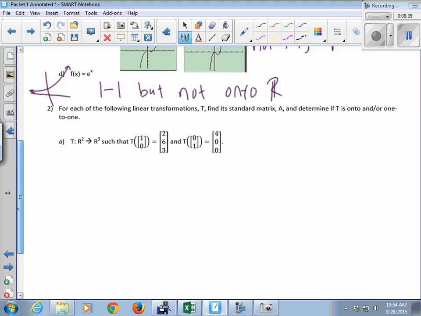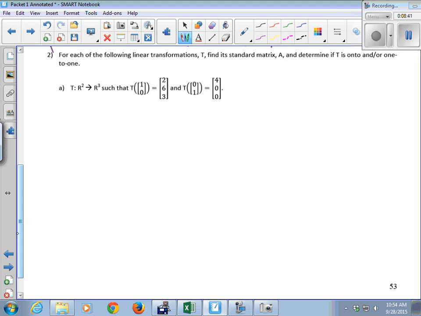All right, so now we're going to move on to dealing with linear matrix transformations. For each of these linear transformations T, we want to find the standard matrix A and determine if T is onto and or 1-to-1. I know that T of (1, 0) is (2, 6, 3), and T of (0, 1) is (4, 0, 0). So T is going from R2 to R3 because my inputs are 2-dimensional vectors and my outputs are 3-dimensional vectors.